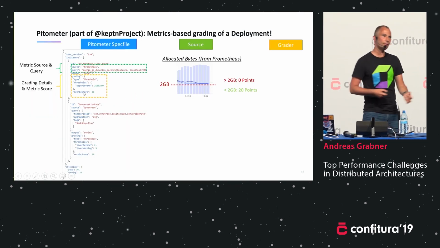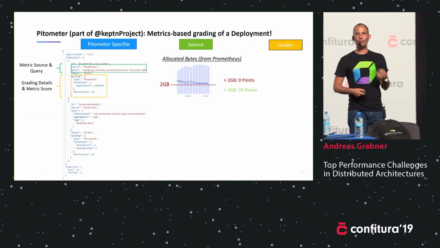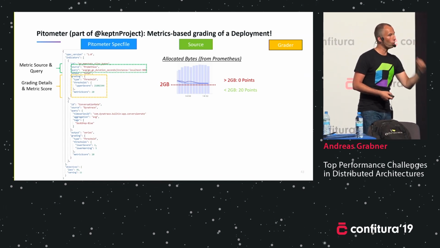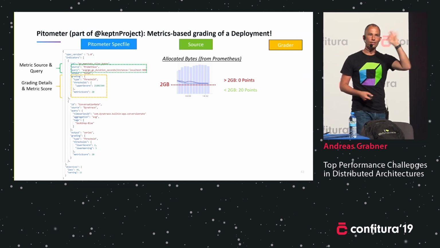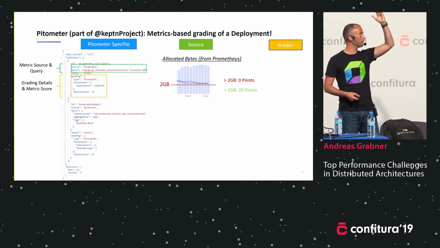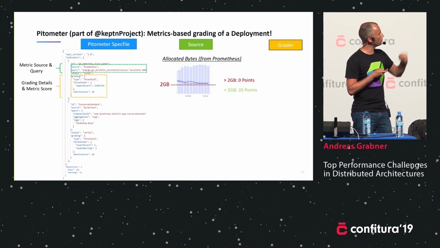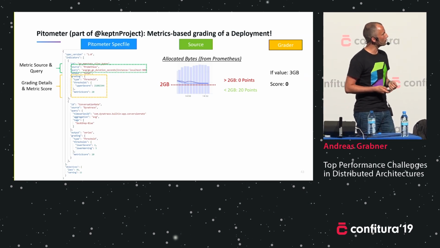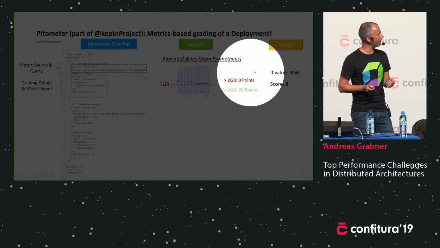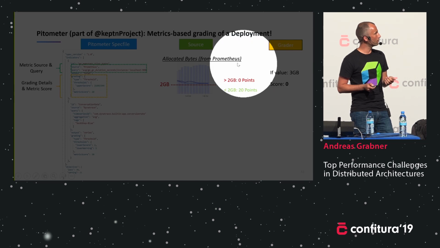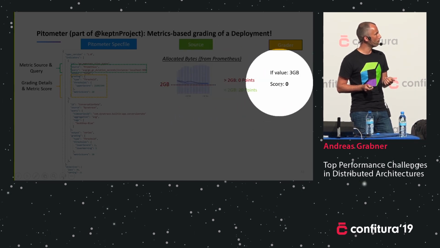So the idea is, we are grading every single metric, and we give 20 points away in case I am below the threshold. We're giving 0 points if we're above severe. And in the next example, you also see what happens with warning. So we're getting the data, and then we grade. Assuming the value after the test is 3 gigabytes, or let's say the max during the test, then it breaches that threshold, so we get 0 points.